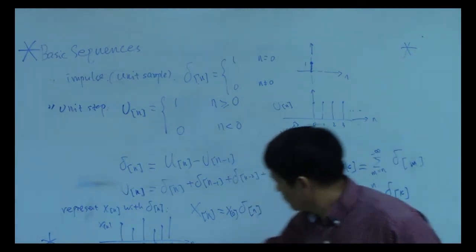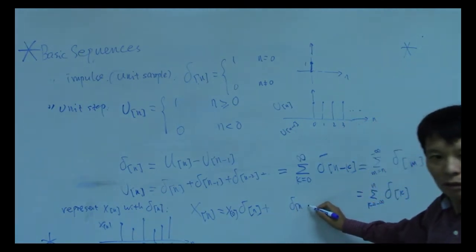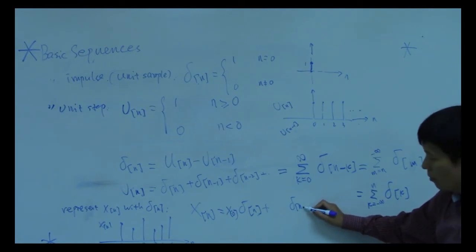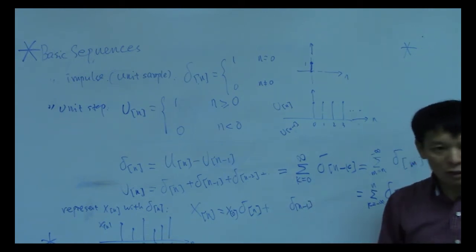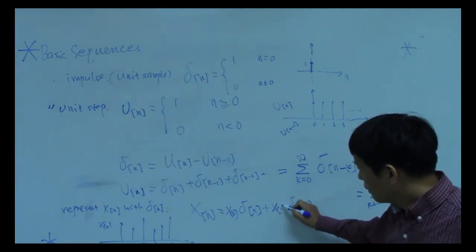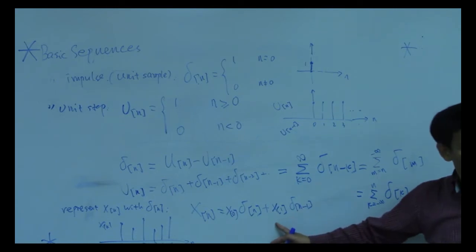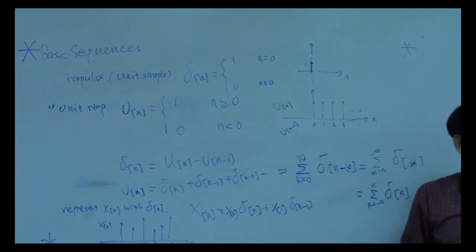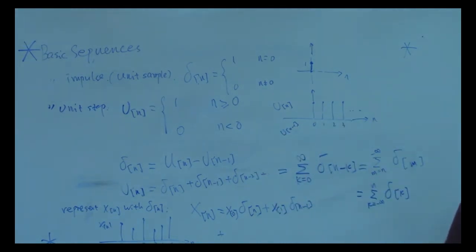For the second term, this one will be impulse n minus 1, right? And we still need a coefficient. This coefficient will be x1. Again, in Fibonacci, what's this? Still 1. Then the next term will be, anyone?